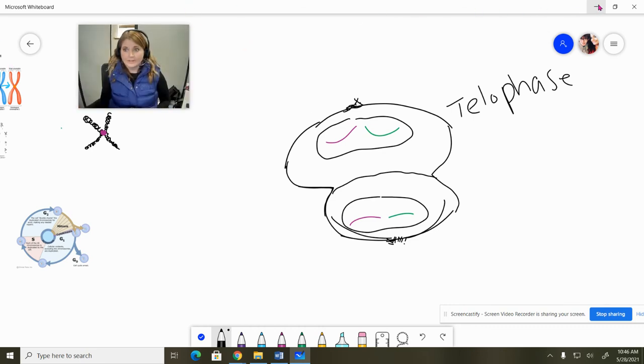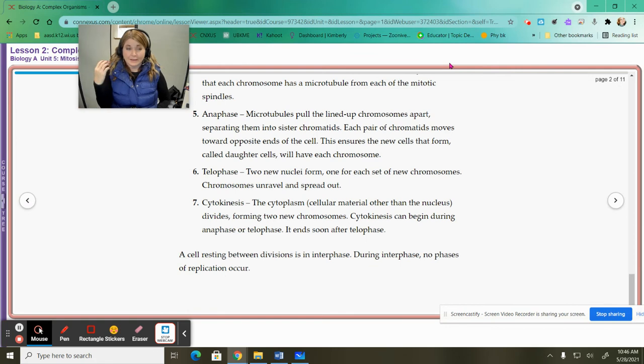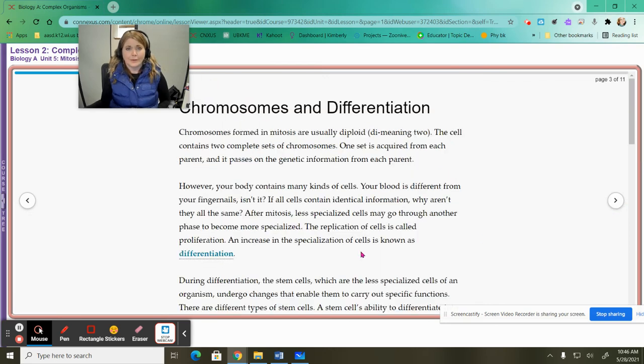So the end result of mitosis is cloning the cell. You're exactly making a duplicate of it, like a photocopy. Nothing is different. All right. Why would you need to do this? Because stuff happens, right? I mean, you hurt yourself and you scrape your hand and it has to heal. And in order to heal, it has to make new skin cells to cover that wound.